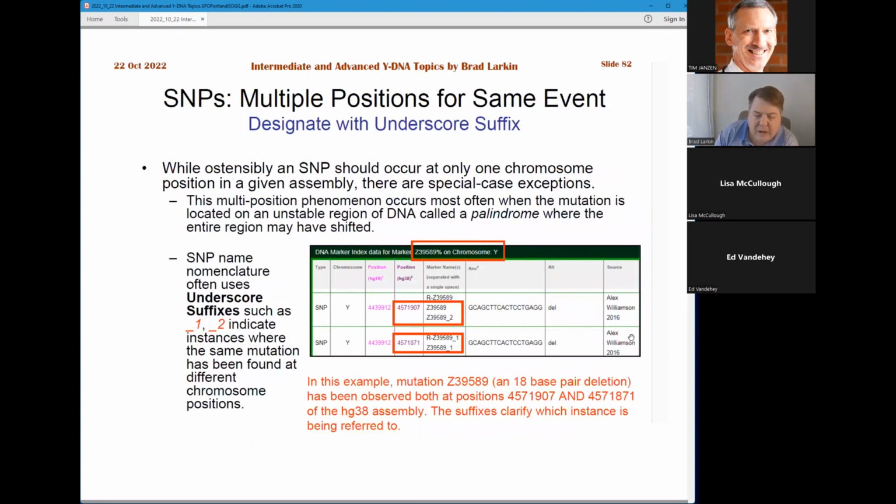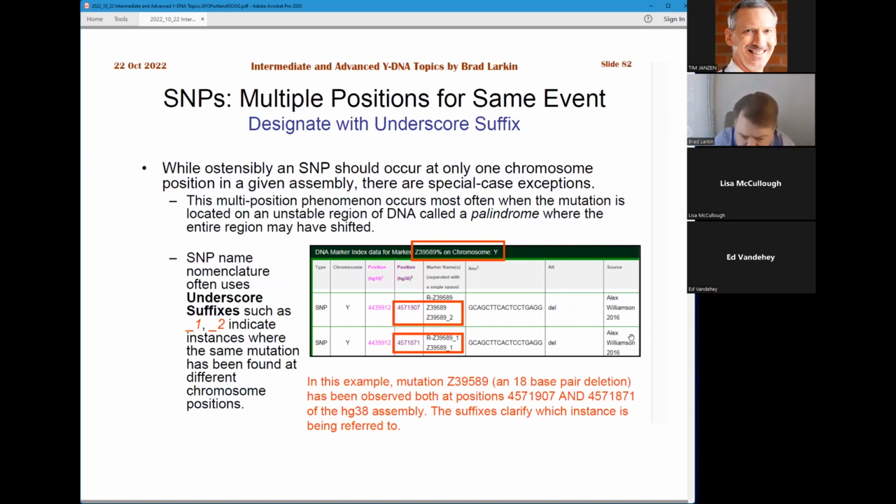You can also have another phenomenon where there are multiple positions for the same event. This usually happens where a mutation occurs on a palindrome, and then the whole palindrome shifts position in certain individuals. Like here we have Z39589.